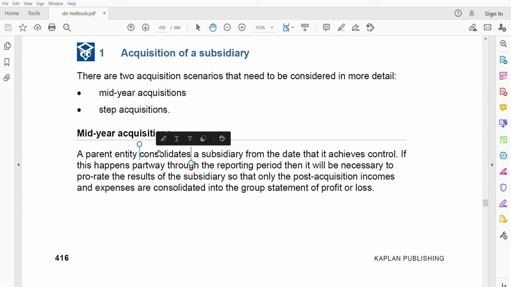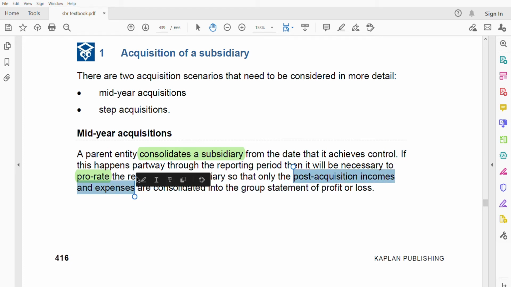You consolidate a subsidiary on a pro rata basis, for the post acquisition income and expenses. So in your consolidated statement of profit or loss, the income and expenses from the subsidiary that you are adding with the parent should be on a pro rata basis.